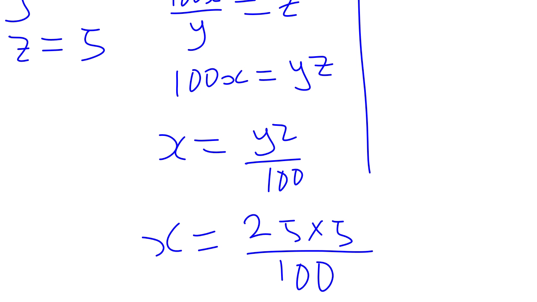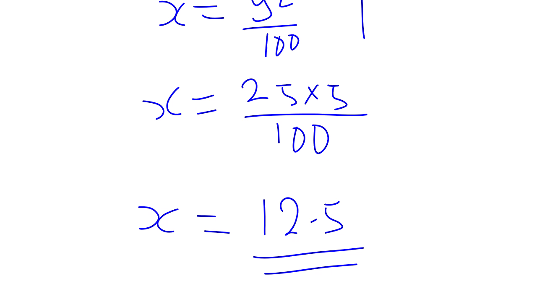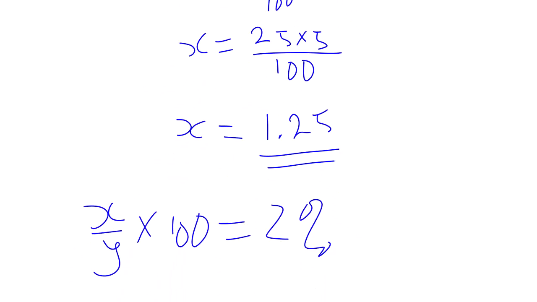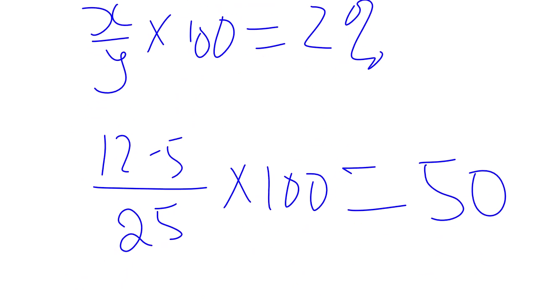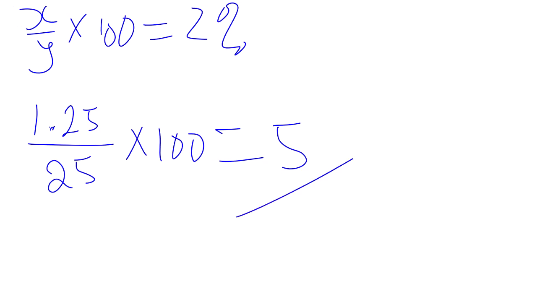Let's check what the problem is. Because I'm using the system calculator, that's why I'm getting it wrong. So here it should not be 12.5, it should be 1.25. So if you do the calculation, you end up getting 1.25 here. You will get your answer as 5 here. So that means my calculation is correct now.